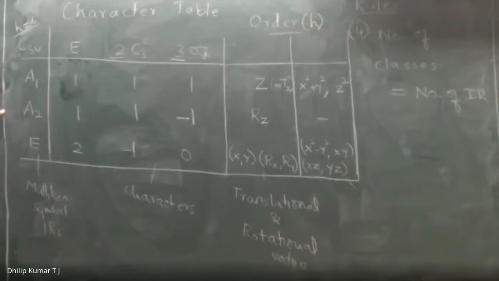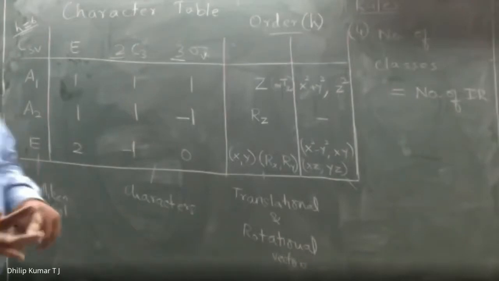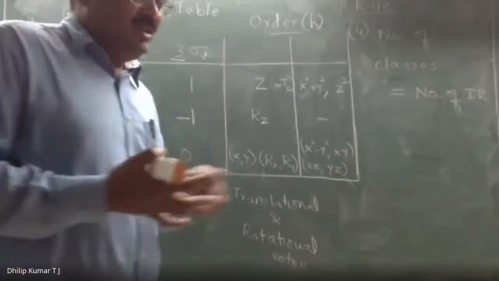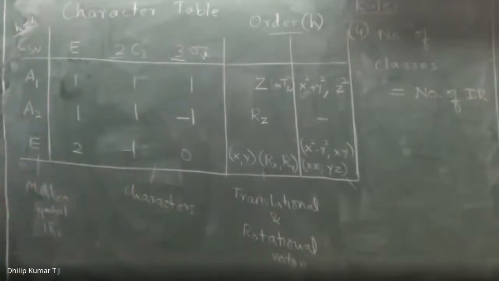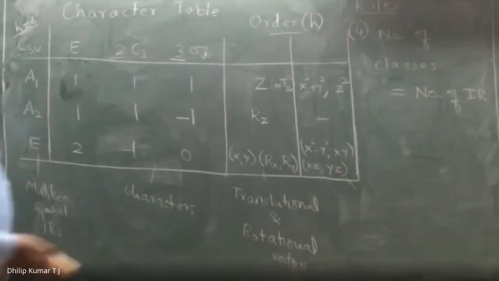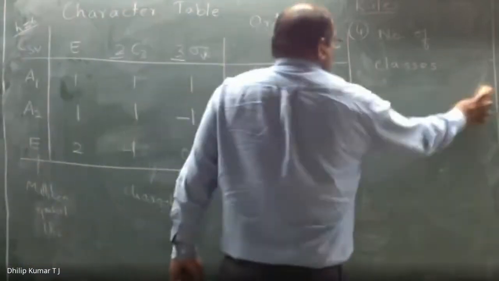So these are IRs, and you have 3 IRs. In the case of water, I'm going to write the water molecule now, the C2V point group. In that you will have 4 classes, each element being its own class by itself. So you will have 4 IRs in the C2V point group. So this is the rule.